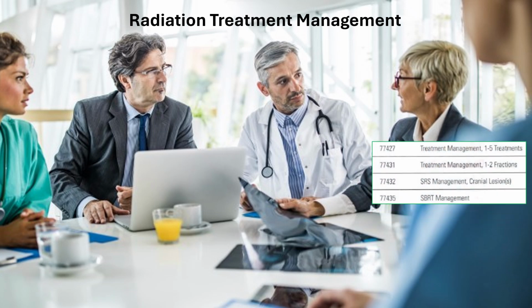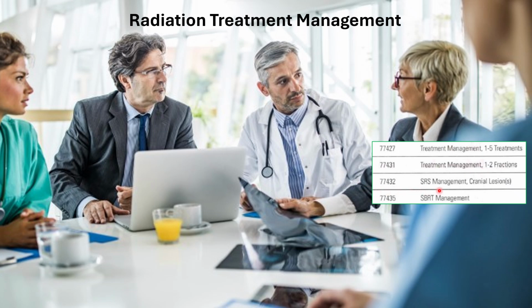Act like they are professional components, and these are the common codes: 77427. This is the code with the nuances. It's treatment management 1 through 5 treatments. 77431. This is treatment management 1 to 2 fractions. 77432.